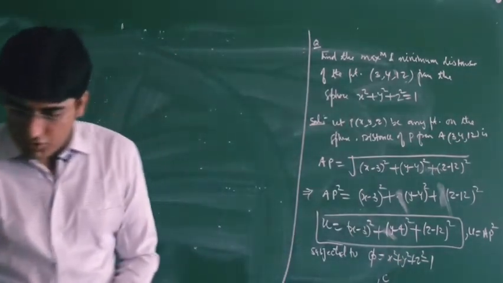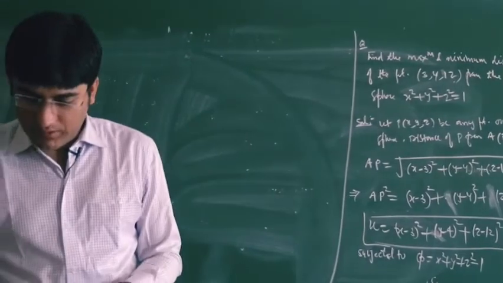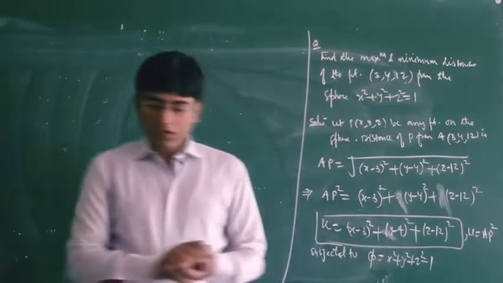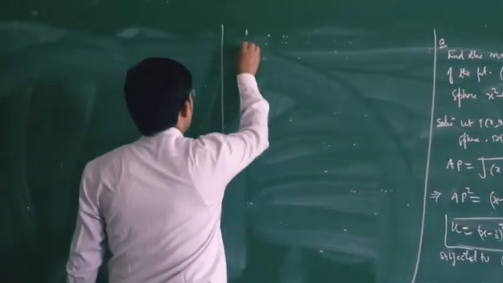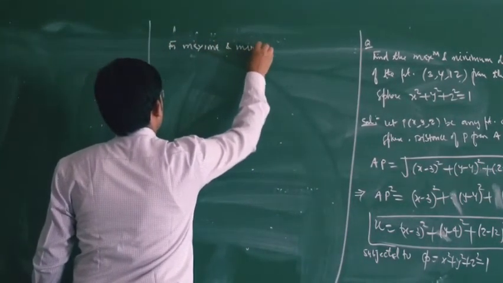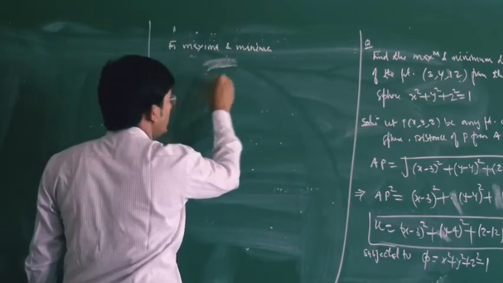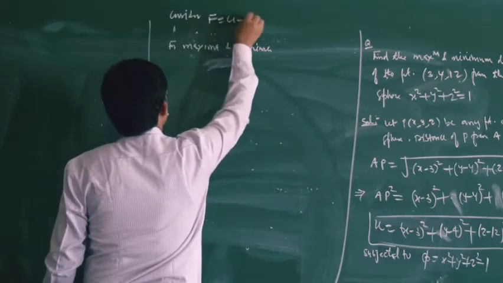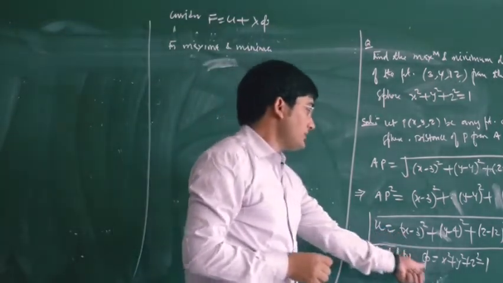Now in this question I will find out the maximum or minimum values of u with the help of this given condition. So for maximum and minimum, our first order derivative will be 0. Now consider the function f equal to u plus lambda times phi, this one.